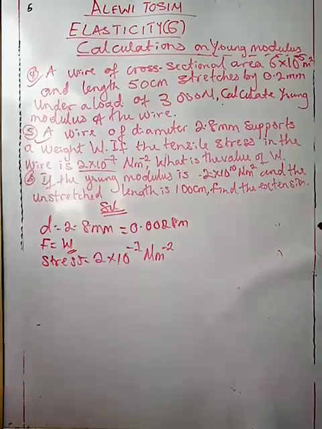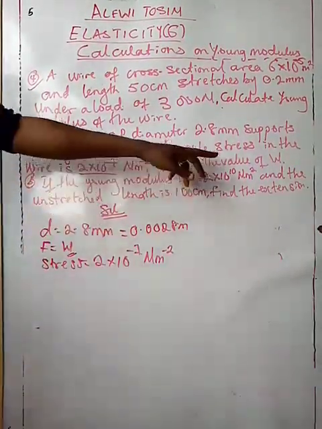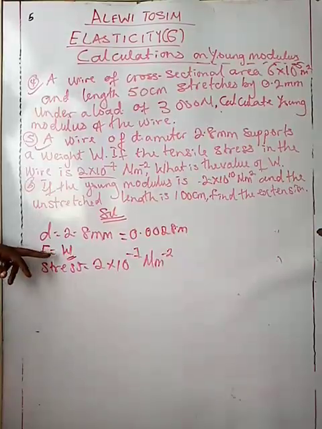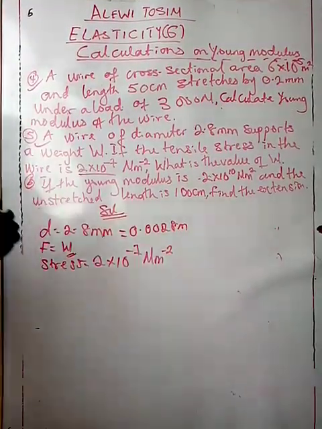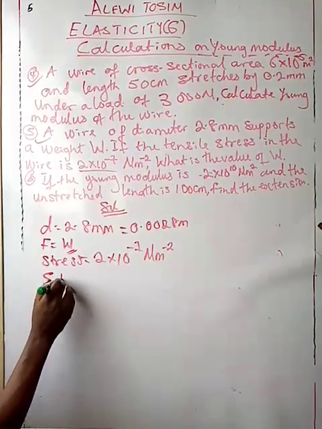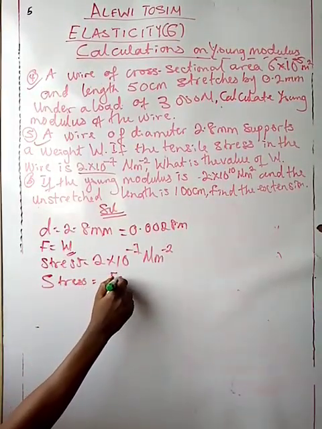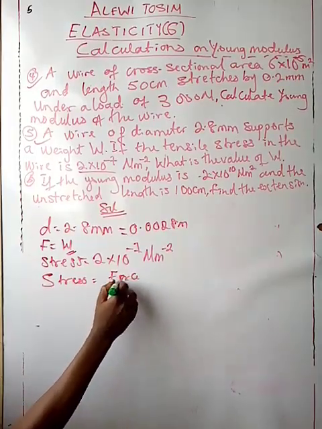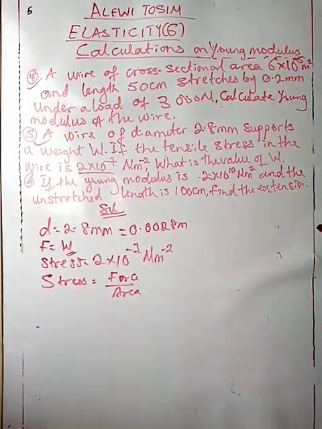Now, we are told to find the value of W, which means we are told to find our force. Firstly, we need to recall that tensile stress is equal to force over area.